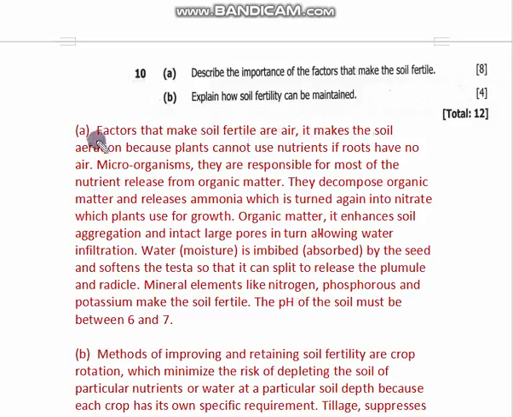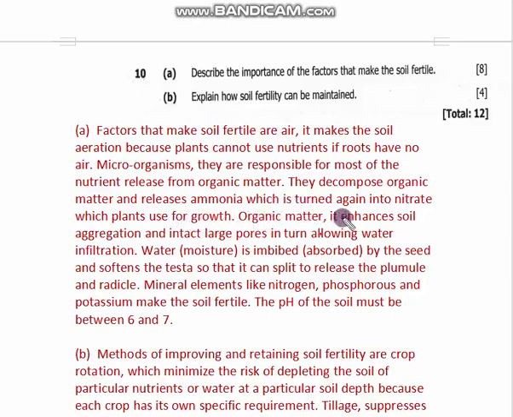It makes the soil aerated, because plants cannot use nutrients if the roots have no air. Microorganisms are responsible for most of the nutrients released from organic matter. They decompose organic matter and release ammonia, which is turned again into nitrate, which plants use for growth.